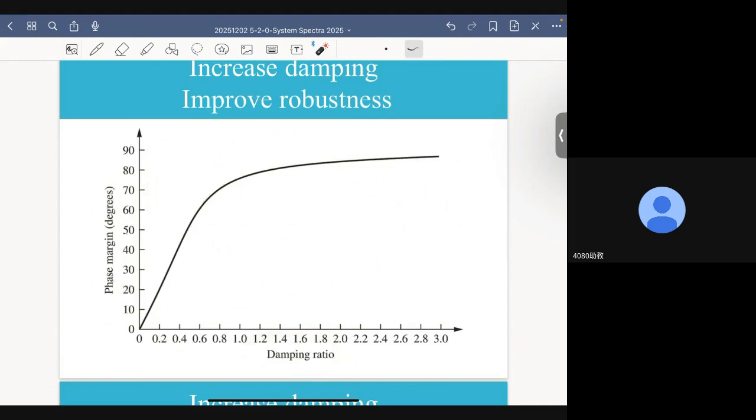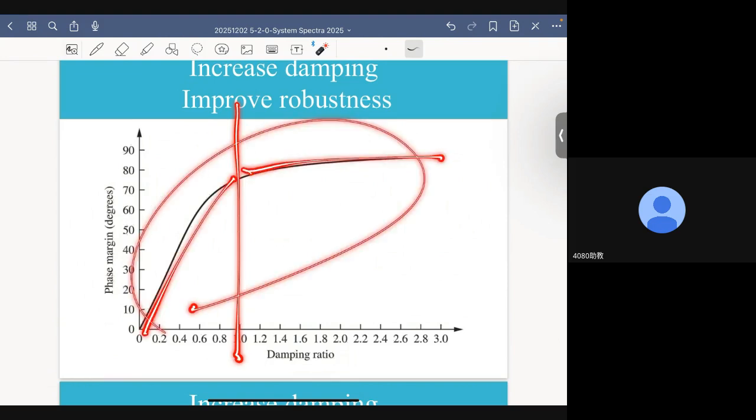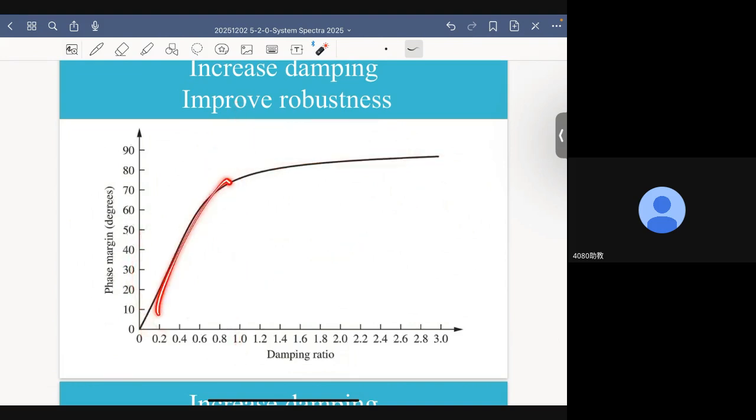Also, when you look at this curve, instead of just looking at it as one curve, you can actually break the curve into two parts, right? Why do I do that? Because the slopes of these two regions of the curve are entirely different, okay? In this region, when the system is underdamped, increasing the damping ratio drastically increases phase margin.